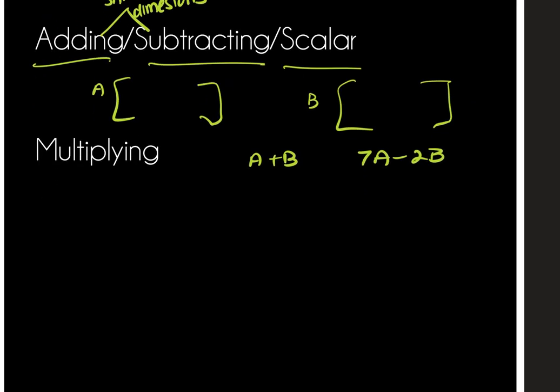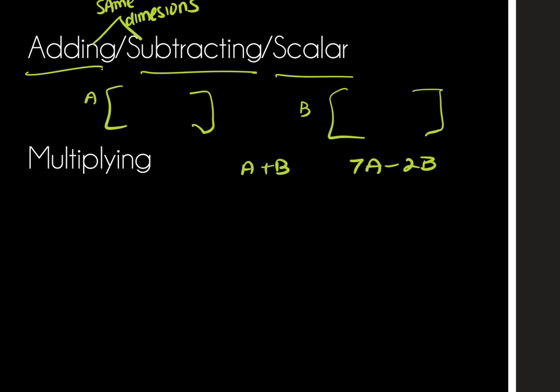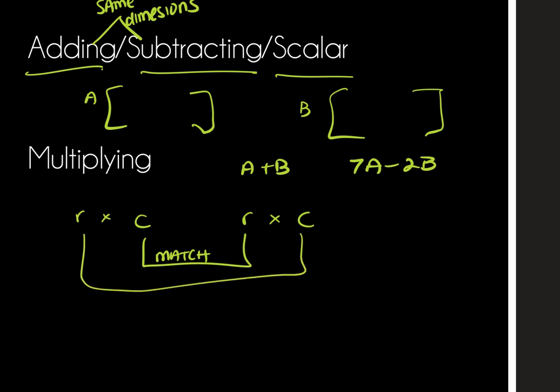And then the multiplying, remember we go across and down. For multiplying, the row and column of the first one, the middle two numbers have to match in order for it to be done. And then the outer two is the result.